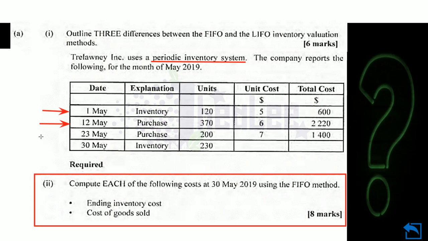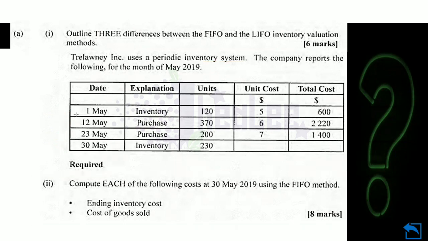May 23rd, there were additional purchases of 200 units and the cost per unit that the business paid to acquire those is $7 each. And the ending inventory at May 30th is 230 units. And we're going to use this information to complete the question.